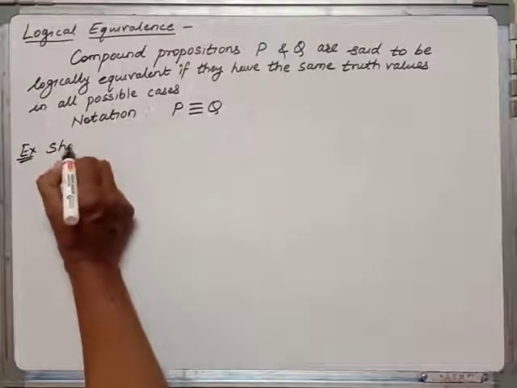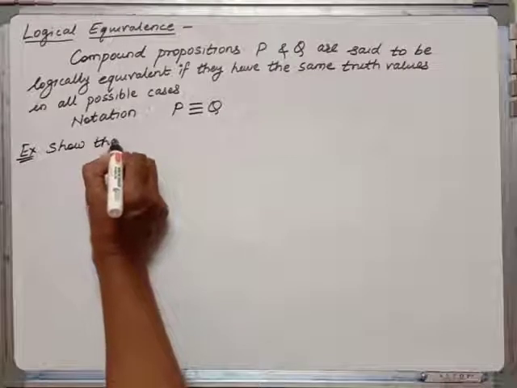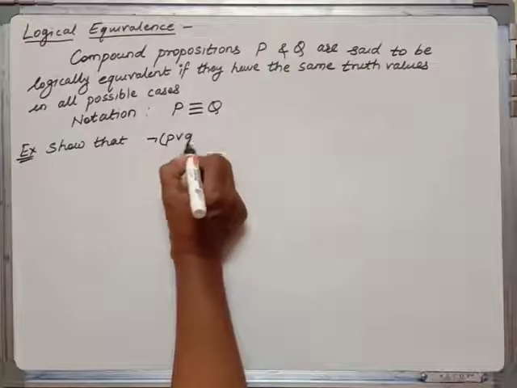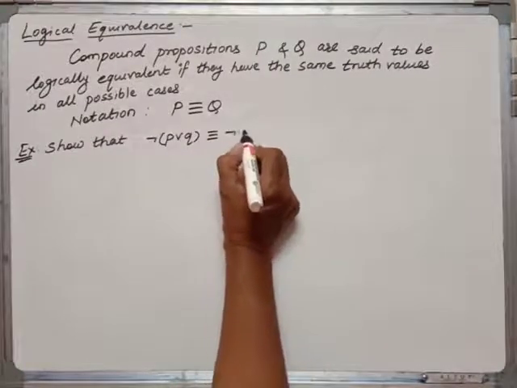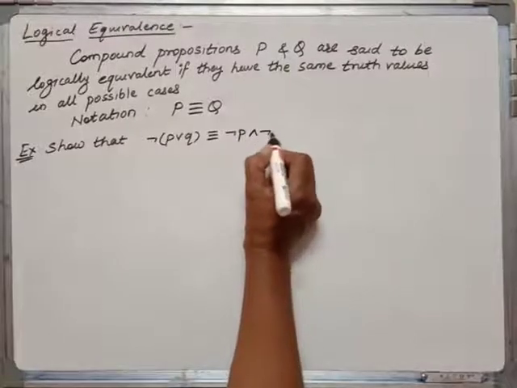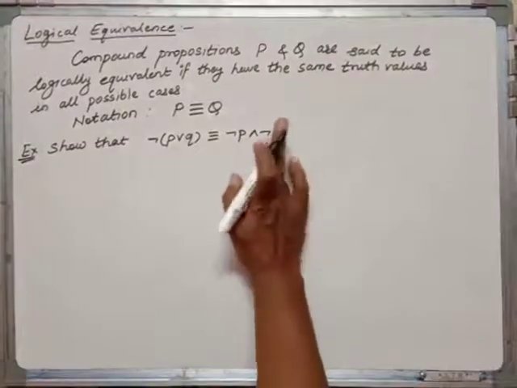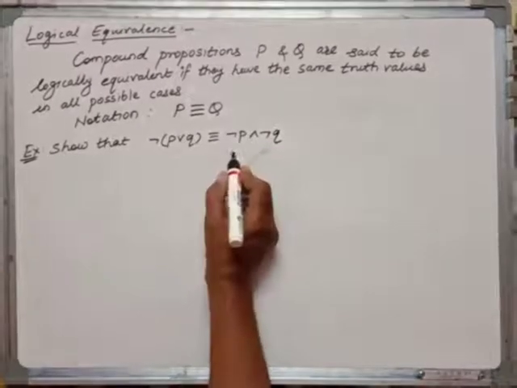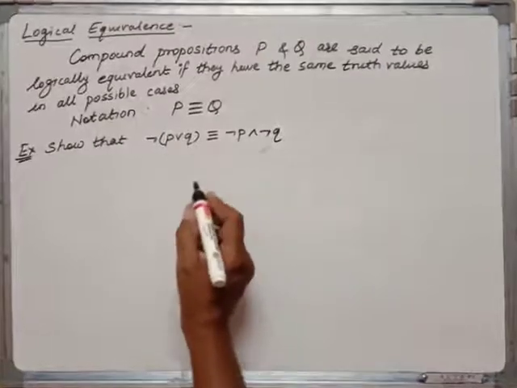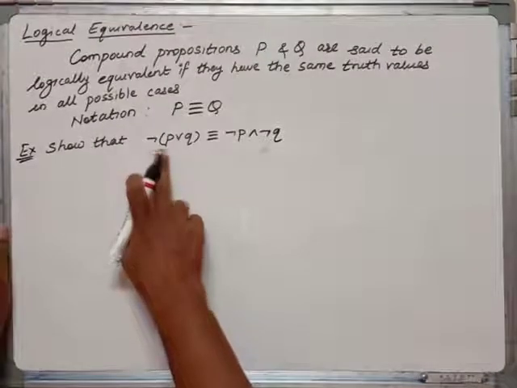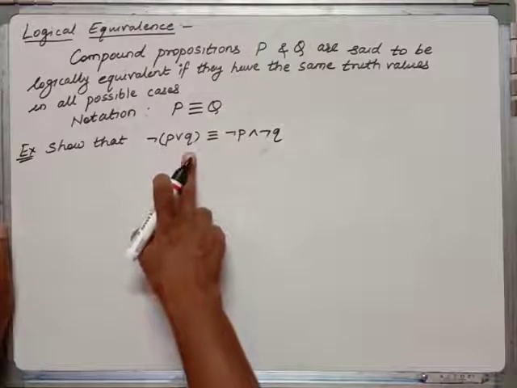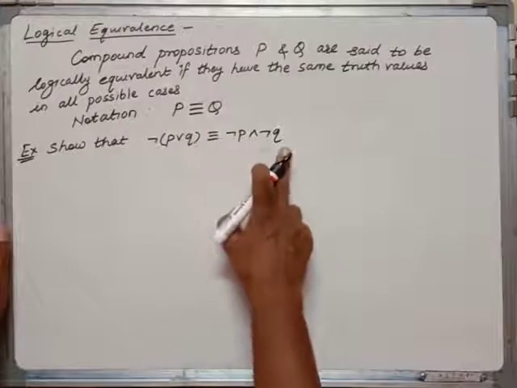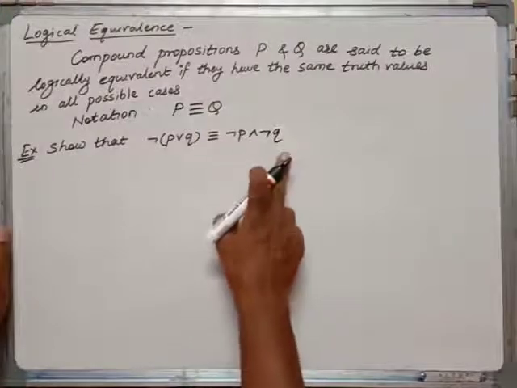Show that negation of (P or Q) is logically equivalent to negation P and negation Q. Let us solve this using a truth table. We have to prove that the truth values of the left hand side in all possible cases are exactly the same as the truth values of the right hand side in all possible cases.